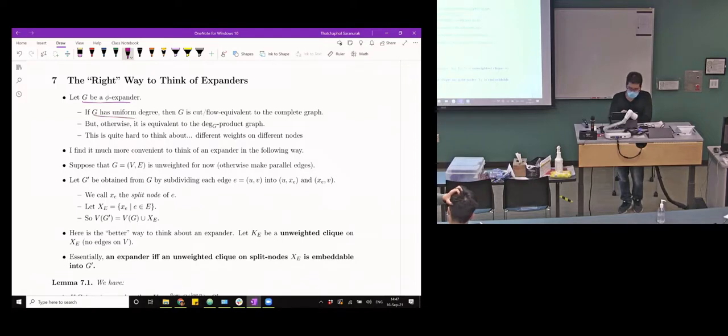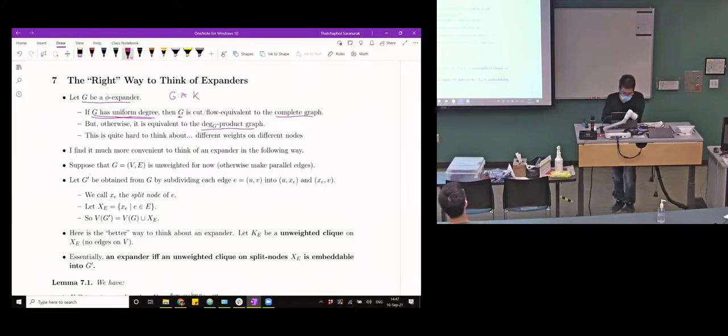If G has uniform degree, then G is kind of equivalent to the product graph, but when you have uniform degree, the product graph is just the complete graph, right? If G has uniform degree, G is equivalent to the complete graph. And that is a nice thing that you can picture. But if it doesn't have uniform degree, it's equivalent to this product graph. It's kind of a bit awkward to think about. I don't like that.